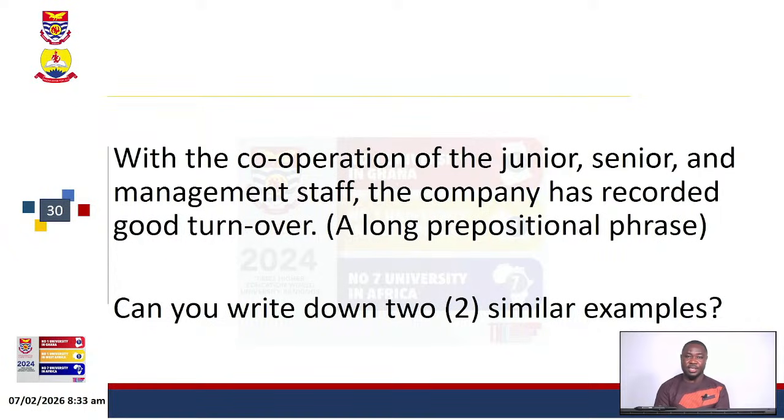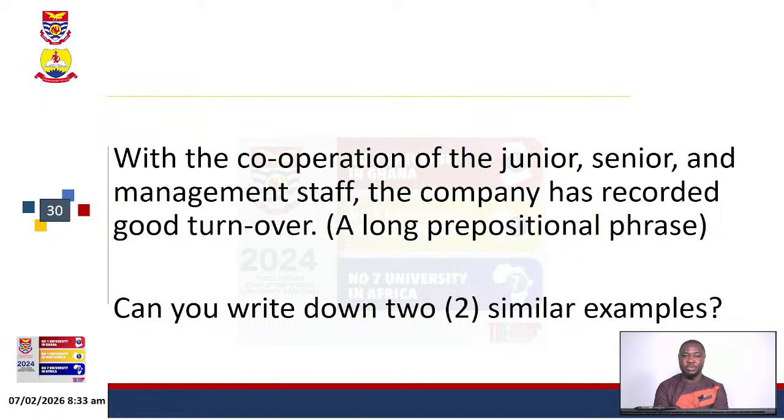It is a prepositional phrase because it begins with a preposition, with. And it is a long one. Good. So there is the need for a separation between that phrase and the rest of the sentence. Remember that this phrase is adverbial in nature.